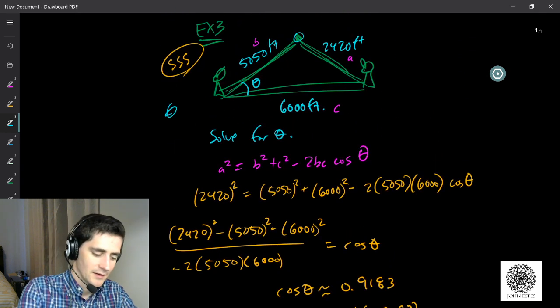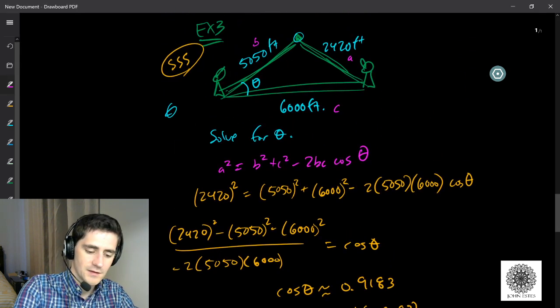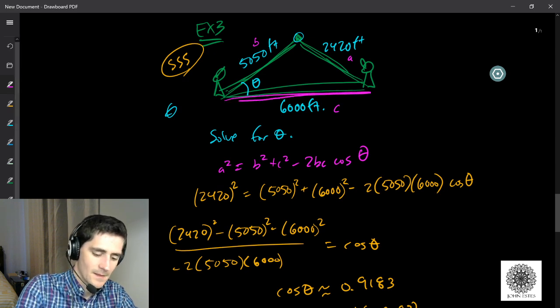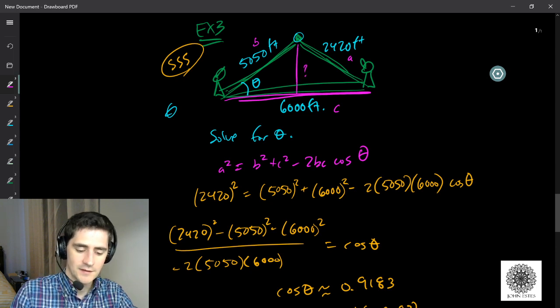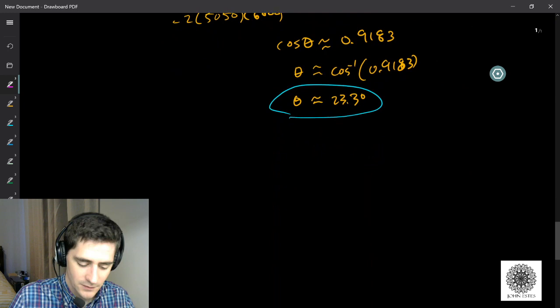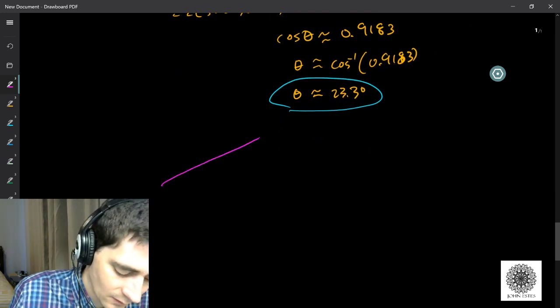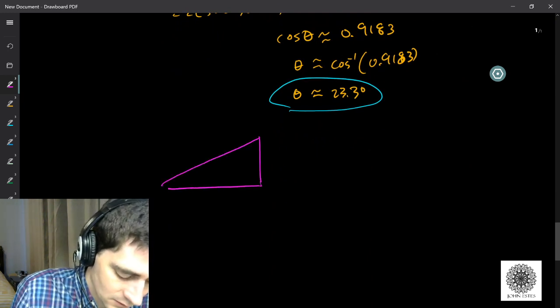So what we mean by that is, here's your cell phone. This 6,000 feet is running along the highway here. What is this distance here? What is that distance? So now what we're doing is setting up, once we figured out one angle, we know that this is 23.3 degrees.